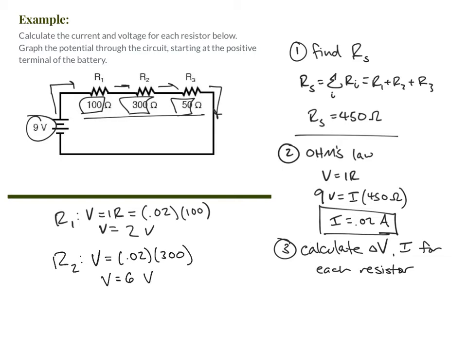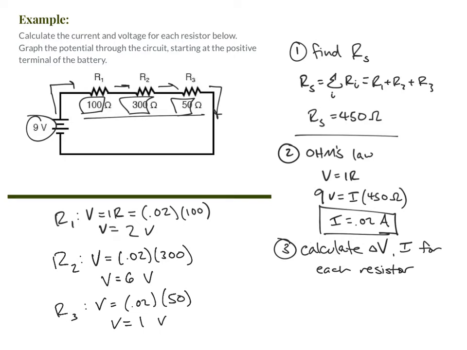So all of the electrons lose a lot more potential energy over a 300 ohm resistor than a 100 ohm resistor, which makes sense. And then for the third resistor, you get voltage equals 0.02 times 50, for a voltage of 1. So they lose the potential energy corresponding to 1 volt over that last resistor.